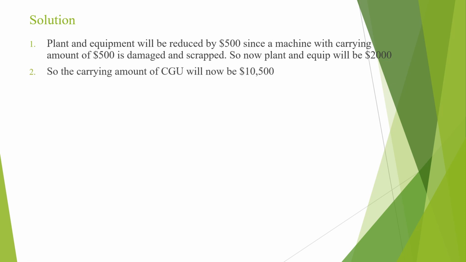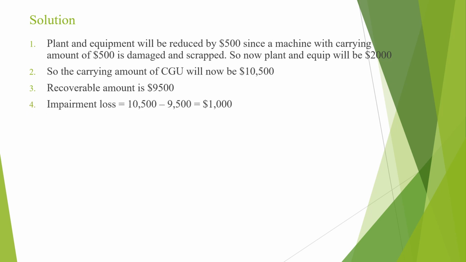Now the new carrying amount of the CGU would be 11,000 minus 500, so 10,500. Recoverable amount is given to you as 9,500. Therefore, the impairment loss, calculated as carrying amount minus recoverable amount, is 1,000. That is 10,500 minus 9,500. 1,000 is the impairment loss.